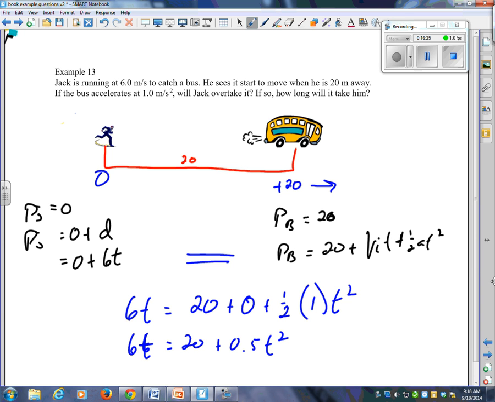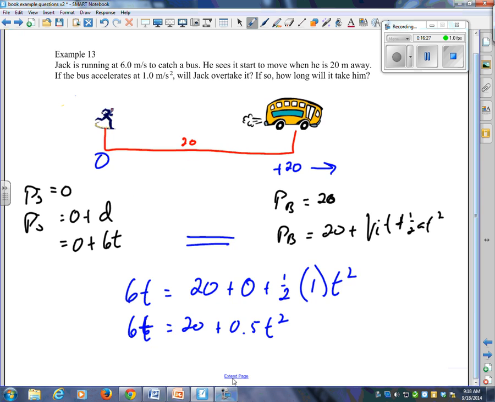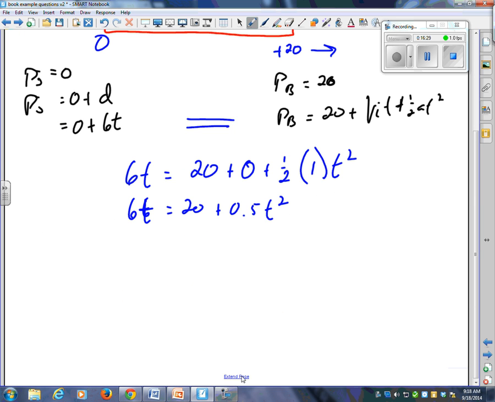Next step, what do you think? Move the t over, set one side equal to 0. I'm going to put the equal sign right there so Peyton's happy. Should I put the t squared out front? Most people do. 0.5 t squared minus 6t plus 20. I'm not going to go to Desmos right away because I want to show you something first. Put it out of formula though, right?